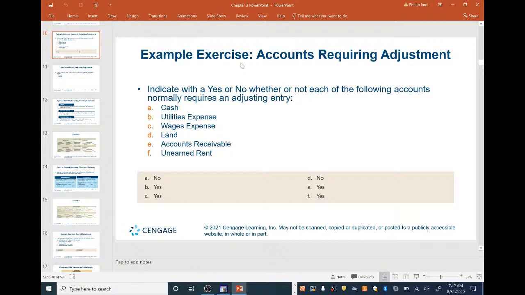Then recall the adjusting process at the end of January. Once I have earned my rent, once they have used that space for the month of January, I then debit unearned rent to reduce the liability. And then I'll credit revenue, because then it's moved from unearned revenue to revenue. So that's a little example exercise of the accounts that are going to be requiring adjustment at the end of the accounting period.